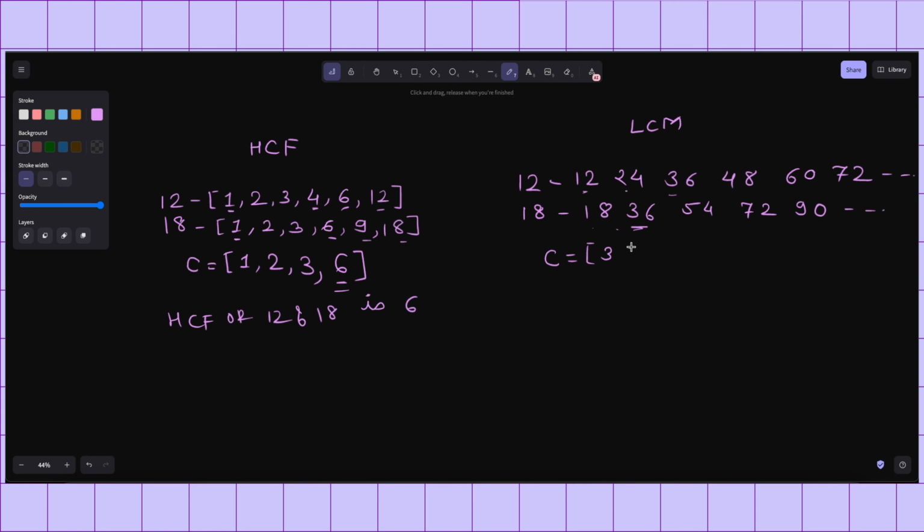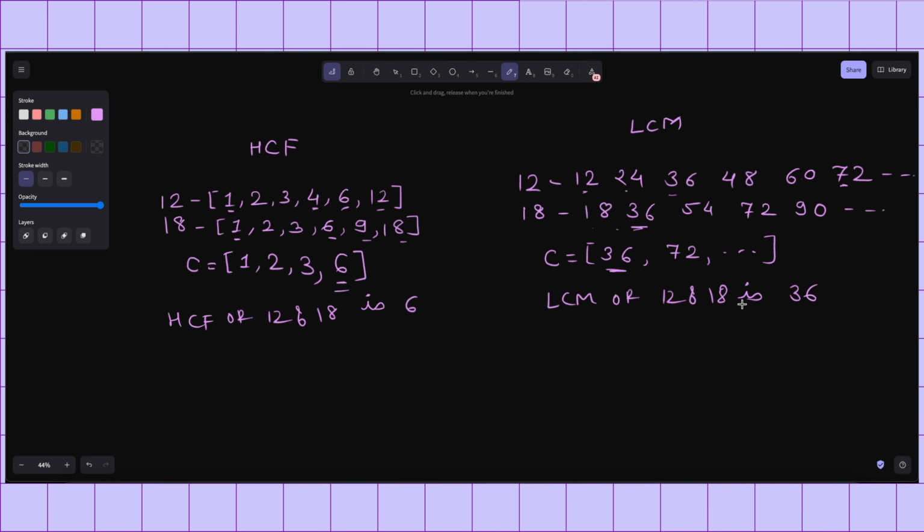So it will start from 36, then 48, no, 48 is not there, 60 is not there, and we will have 72. So 72 is there, and the series will continue. Now the lowest common multiple is 36. So LCM of 12 and 18 is 36.